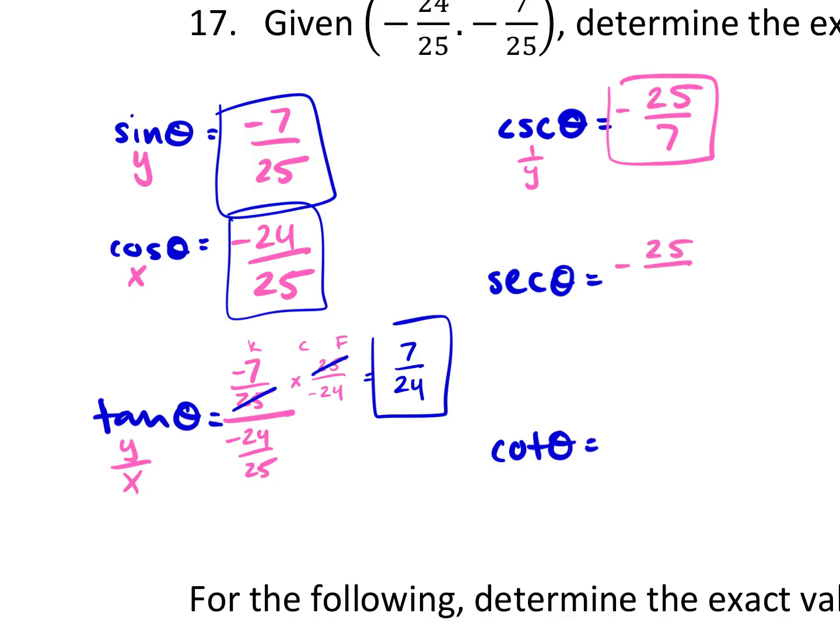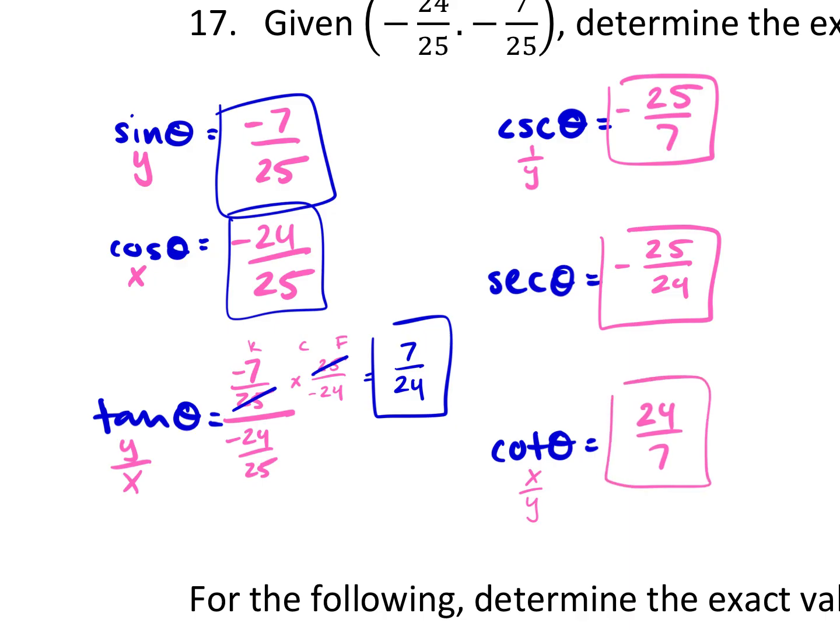Negative 25 over 24, perfect. And then what's cotangent? Perfect, 24 over 7. So you could start from the top and find x over y and do your keep, change, flip, and simplify. Or just flip what you had for tangent. It's going to be the reciprocal of your answer for tangent, so just flip it.